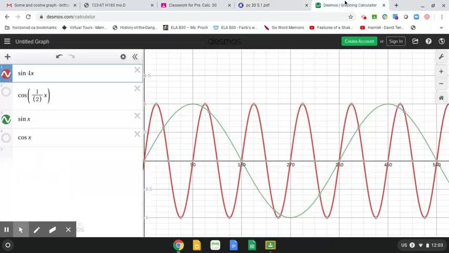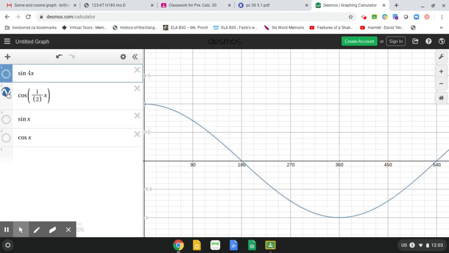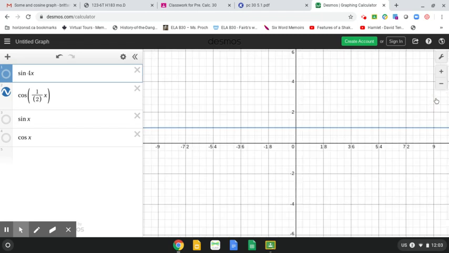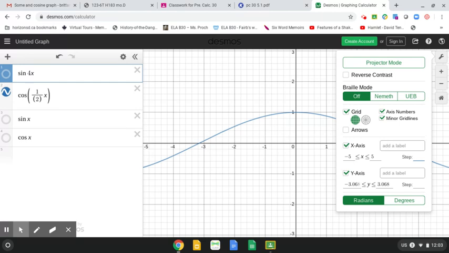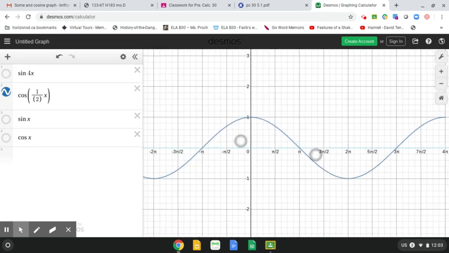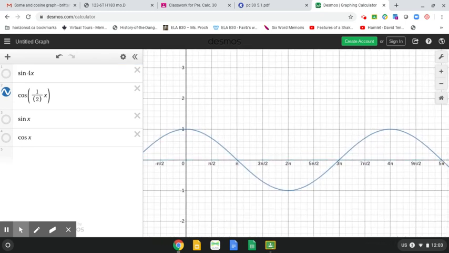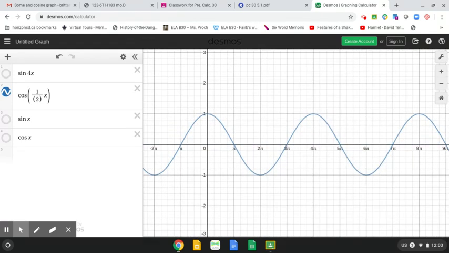So we are going to go back to Desmos. I'm going to exit off these sine ones. There is my cosine. Remember, I am in radians, so let's put radians and let's put pi over 2. I usually like looking at radians better. It just seems the graphs are nicer. So there you go, that is cos 1/2 x.